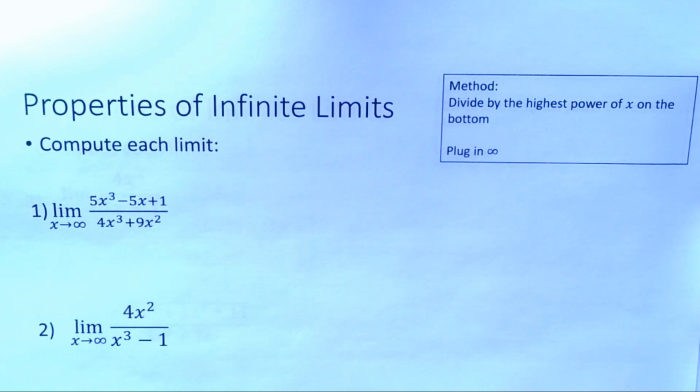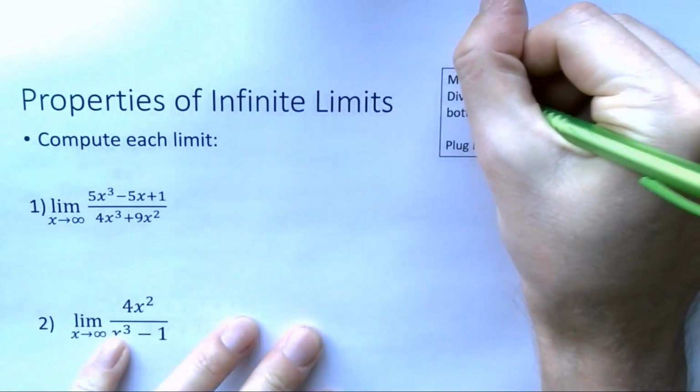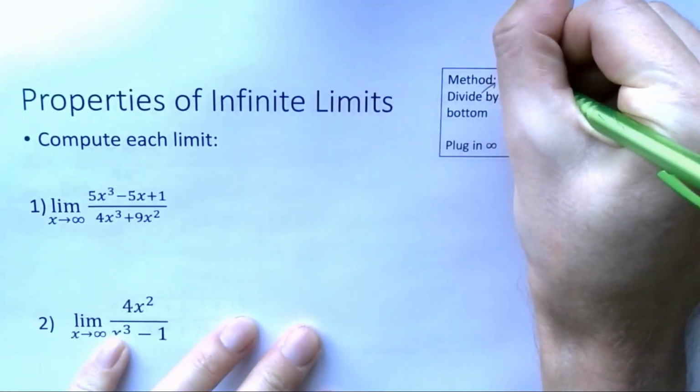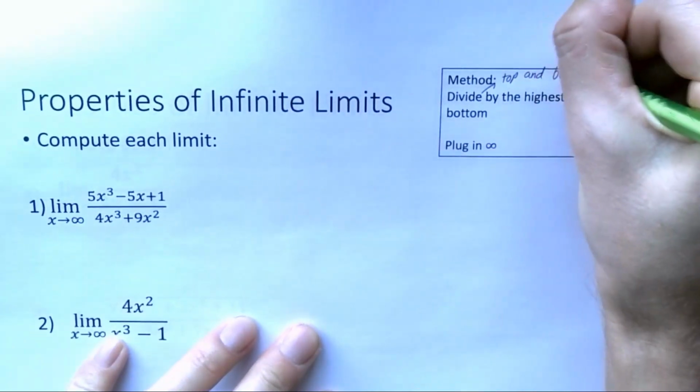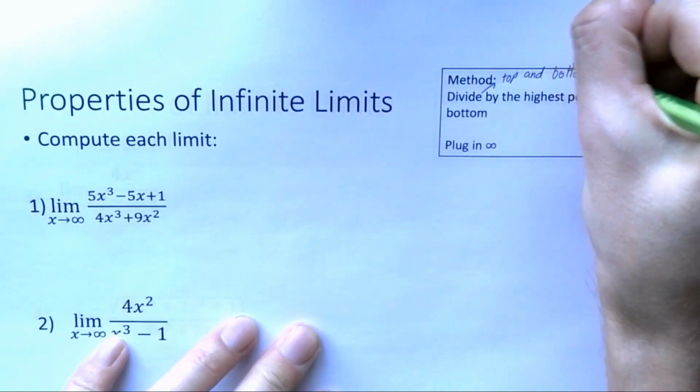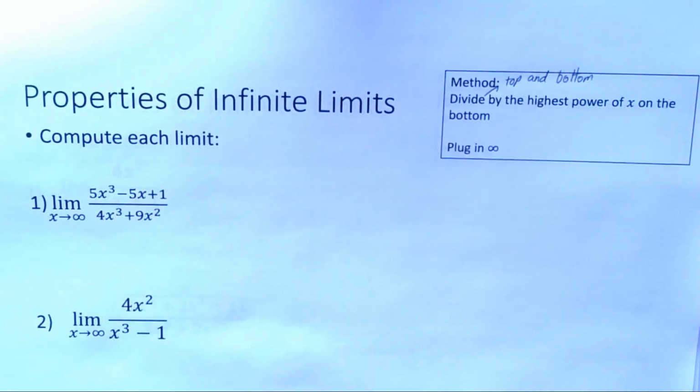Our general method is that we are going to divide by the highest power of x on the bottom. That is, we're going to divide the top and the bottom, or in other words, the numerator and denominator, to be more formal, by the highest power of x on the bottom, and then we're going to plug in infinity.